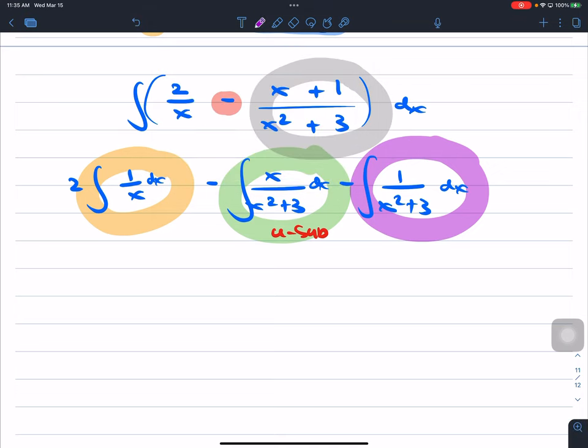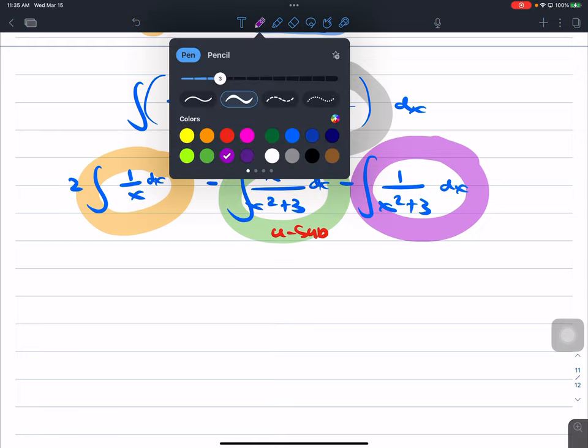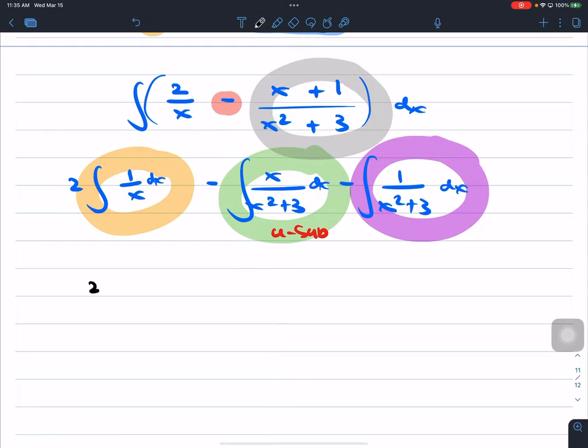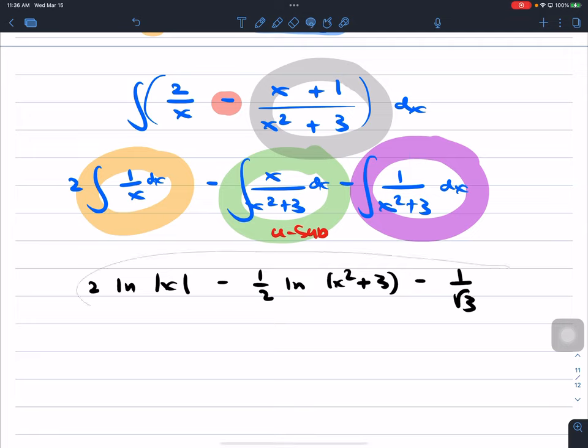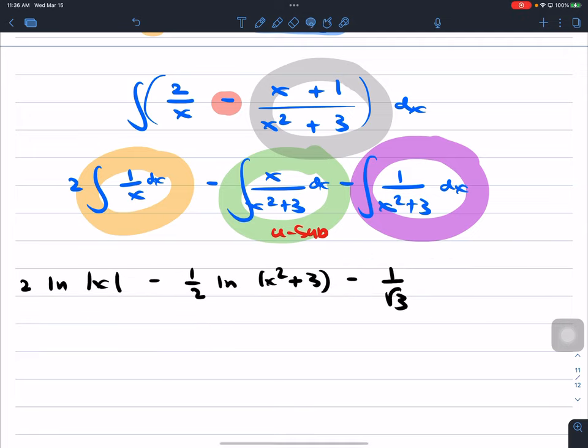The last integral, final answer, 2 natural log absolute value of x, and then by u sub, 1/2 natural log x squared plus 3, and then 1 over the square root of 3, inverse what? Tangent of what? x over the square root of 3, plus c.